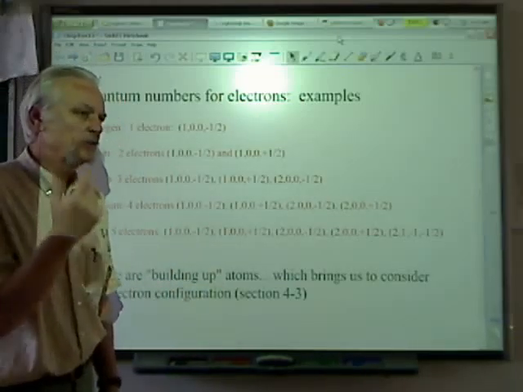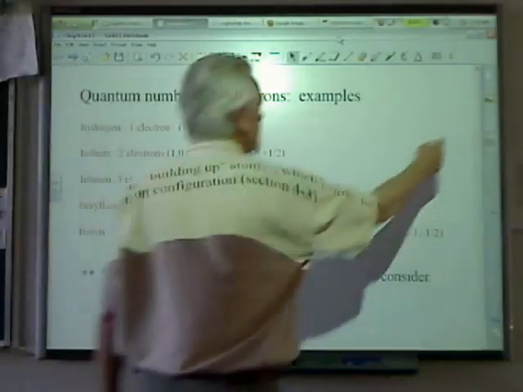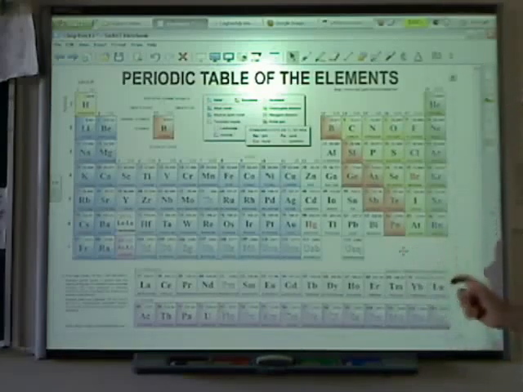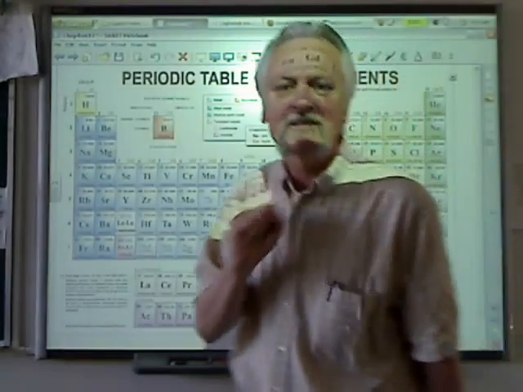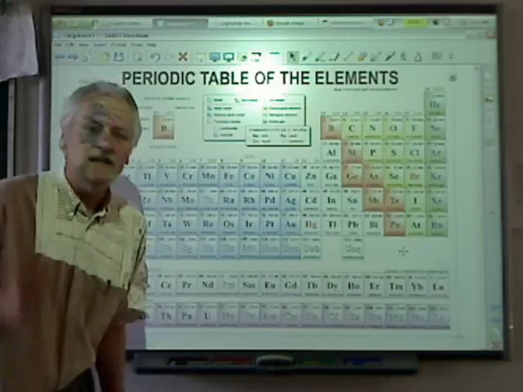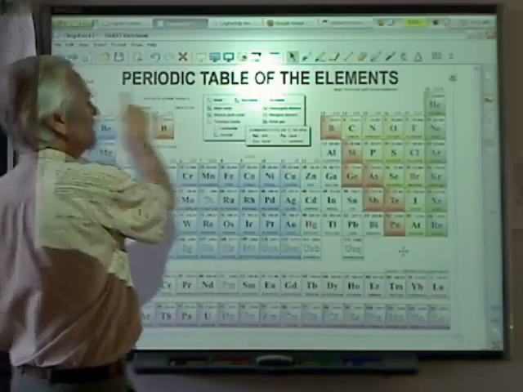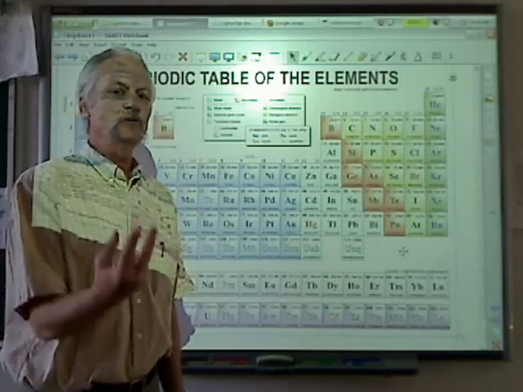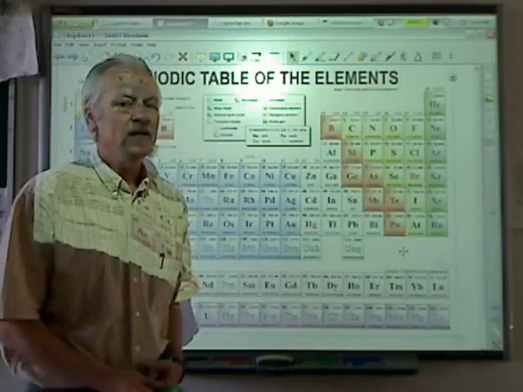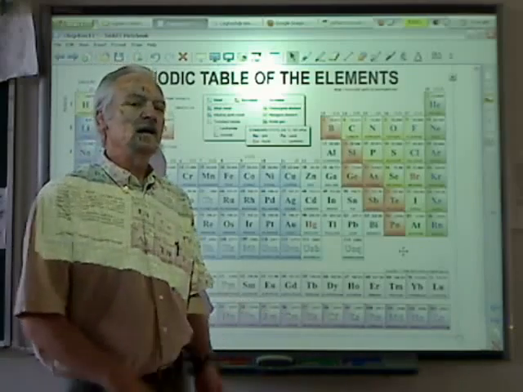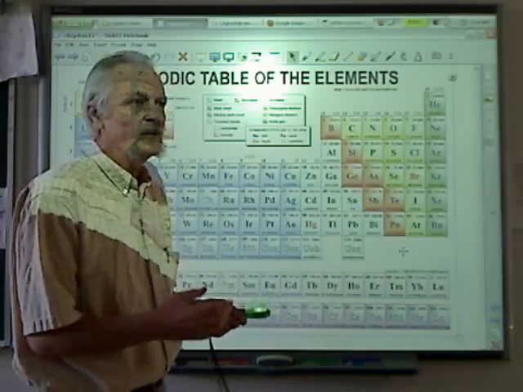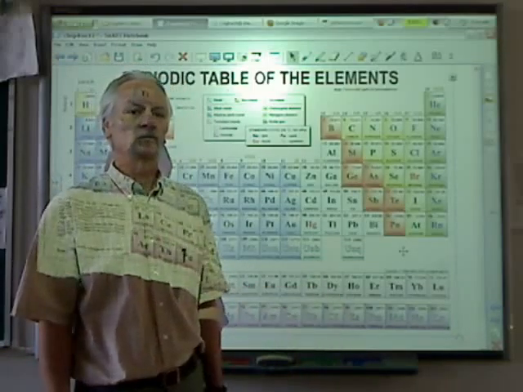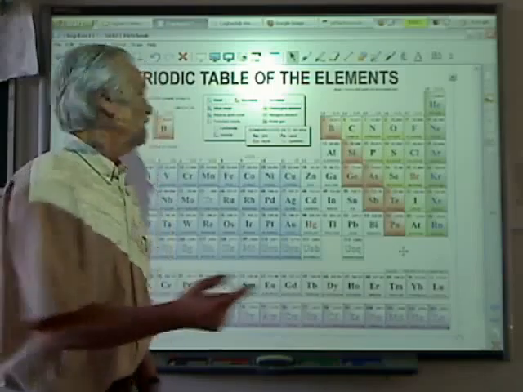Well, before I do that, look at your periodic table. I think I got one here somewhere. And wow, note that the first period of the periodic table only has 1, 2 boxes because, of course, only 2 electrons are allowed in any given orbital, and at the first energy level only 1 orbital is possible, and so we end up with only 2 elements.